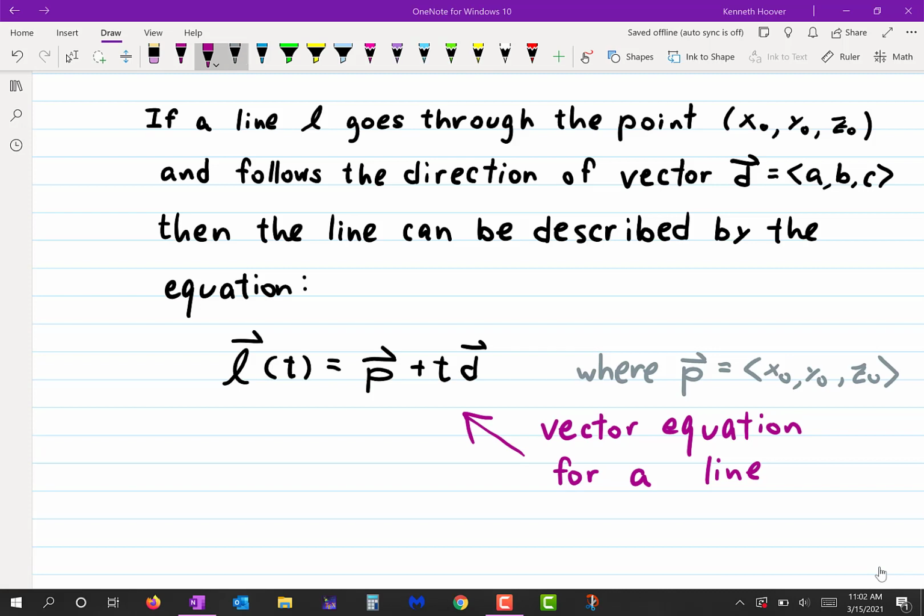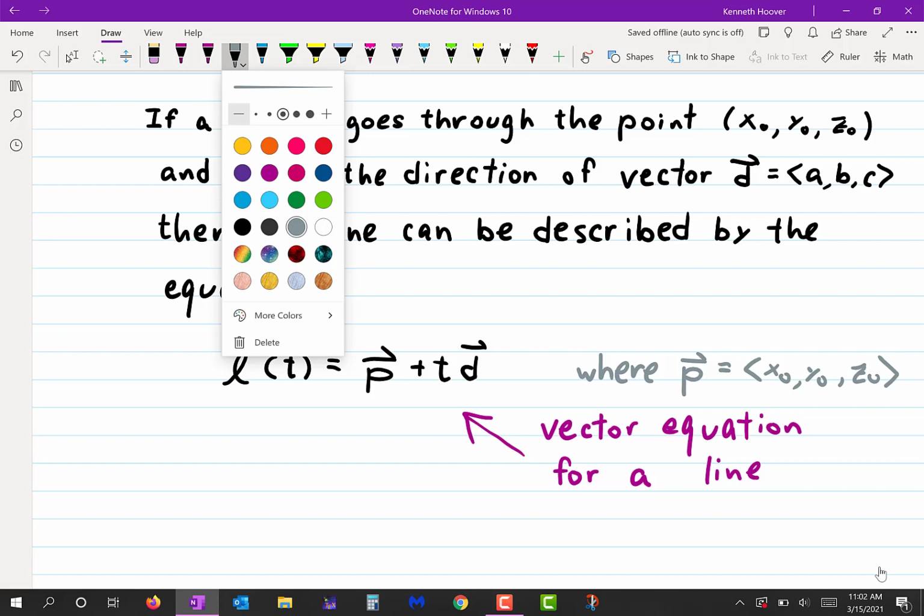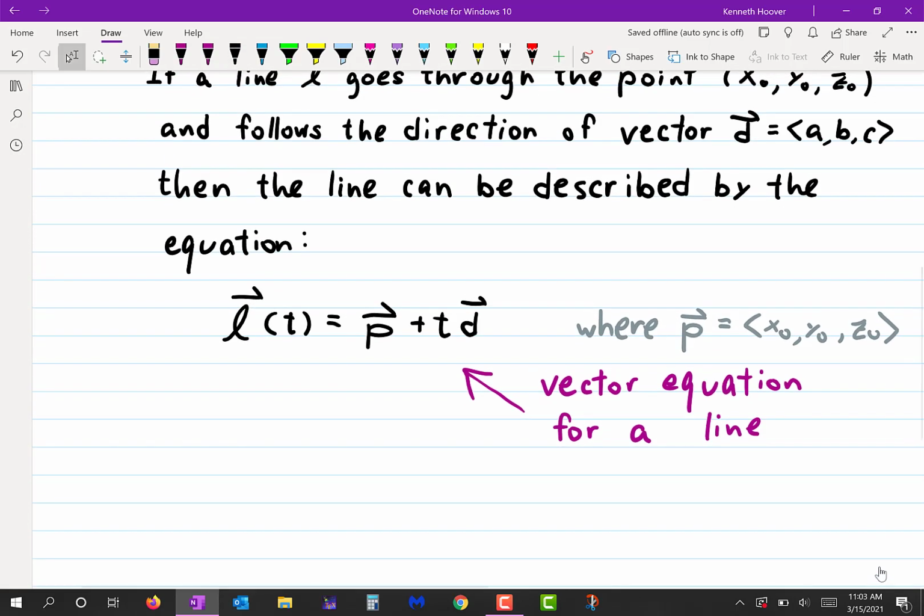What if I just continued here? So we have P plus tD. Okay, let's put in what is P. P is the vector x naught, y naught, z naught. And then we have plus t times d, which is the vector a, b, c.